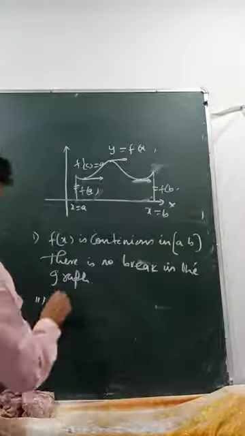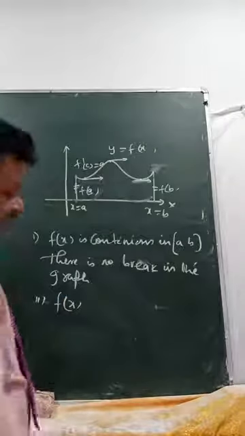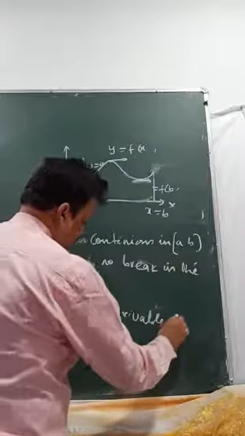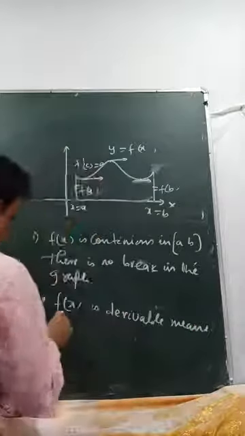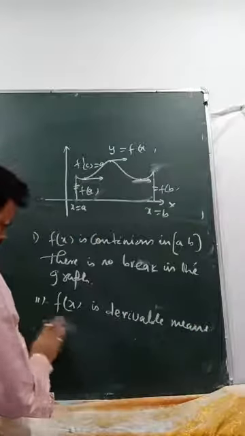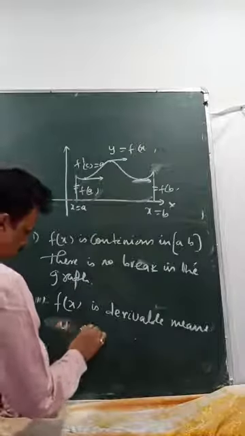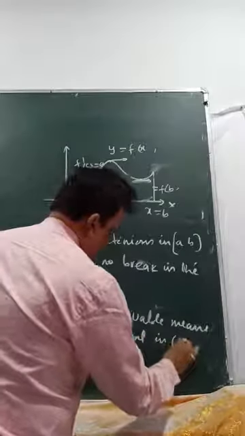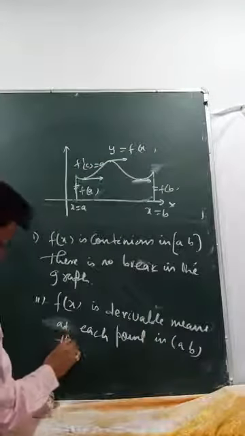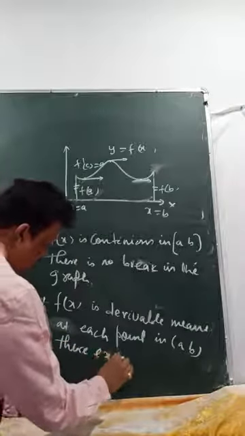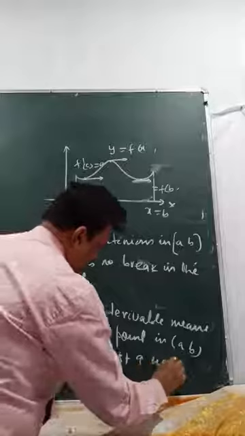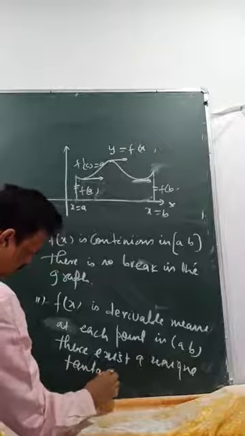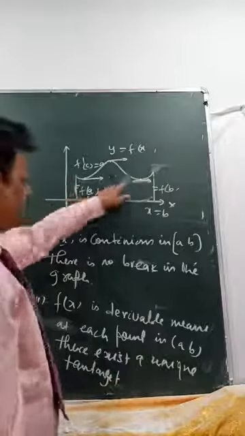Second, f(x) is derivable means at every point, at each point in the open interval (a, b), there exists a unique tangent. You are also clear about f(a) equals f(b).